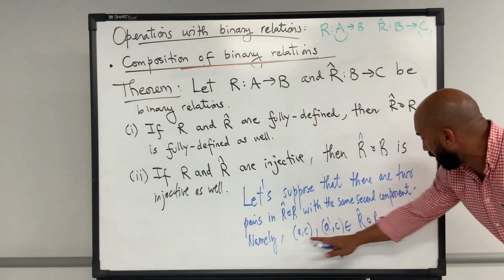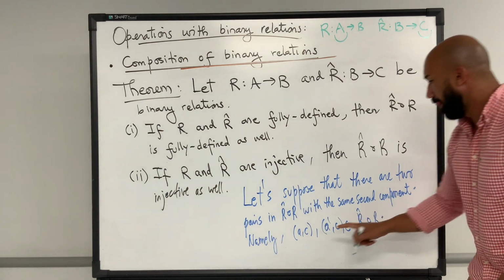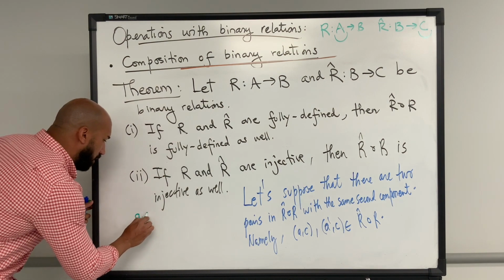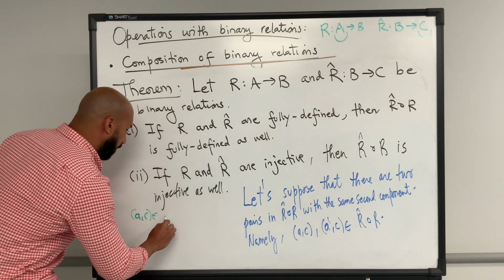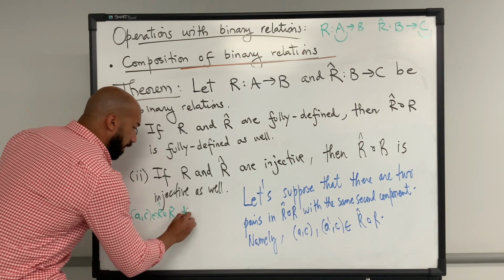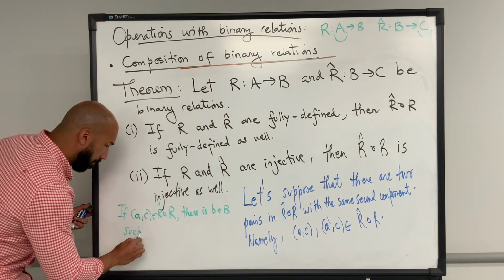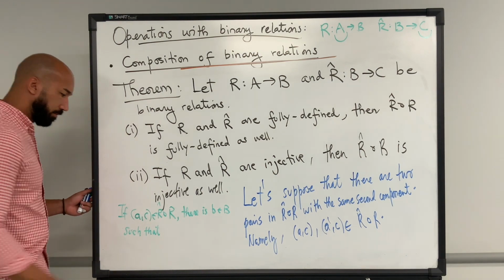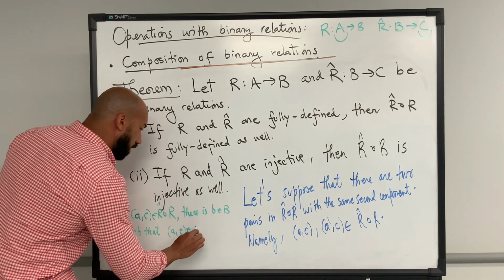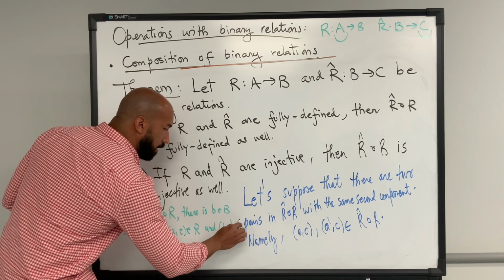But if this is a pair in the composition, I want to continue here. If AC is in R composite R hat, there is B in B such that AB is in R and BC is in R hat.